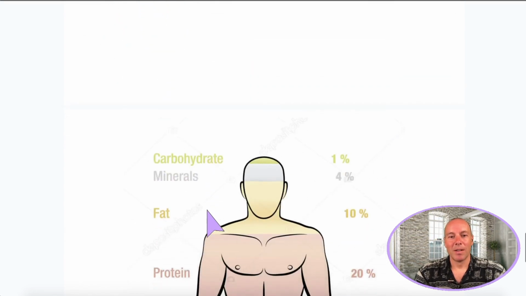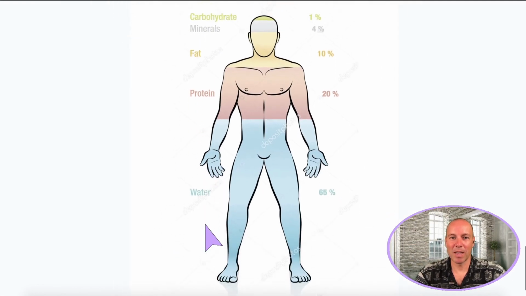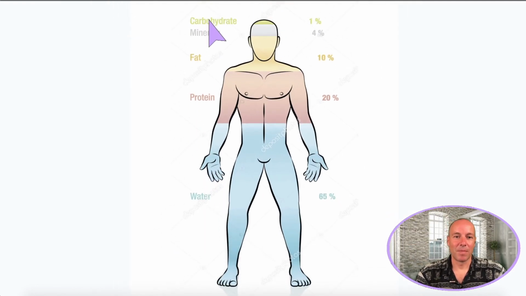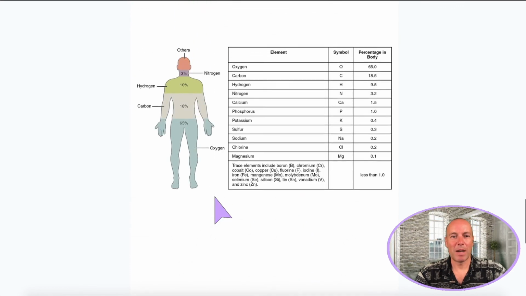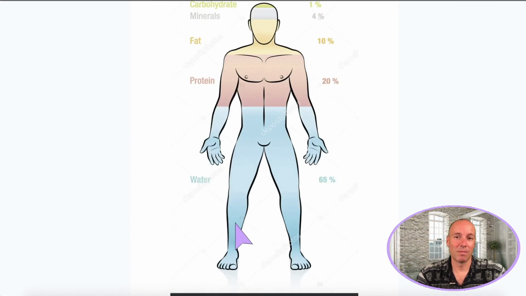And one more breakdown of the substances found in the human body is actually by substance, not by element. So the reason most of the human body is made of oxygen is because most of the human body is made of water, and water is mostly oxygen.